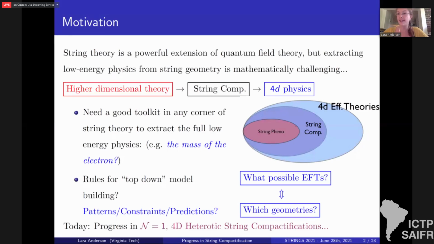So this is a broad set of problems and aims to be solved, but I want to highlight a few of these effects today in the context of N=1 4-dimensional compactifications of the E8 cross E8 10D heterotic string, just to illustrate how one might try and gain some traction both on these large-scale questions about general constraints and patterns, as well as how do you push the theory as far as possible.